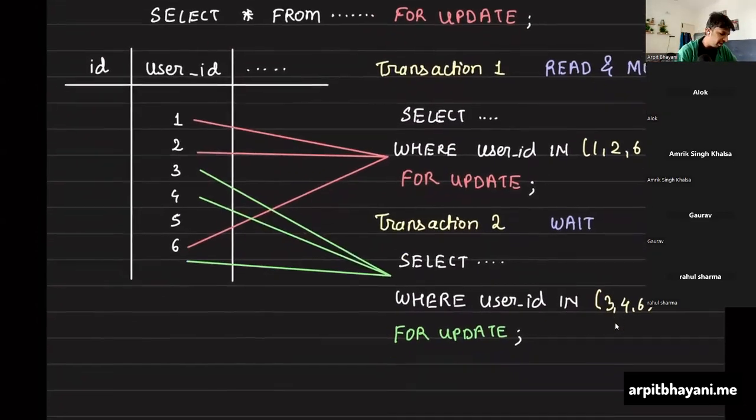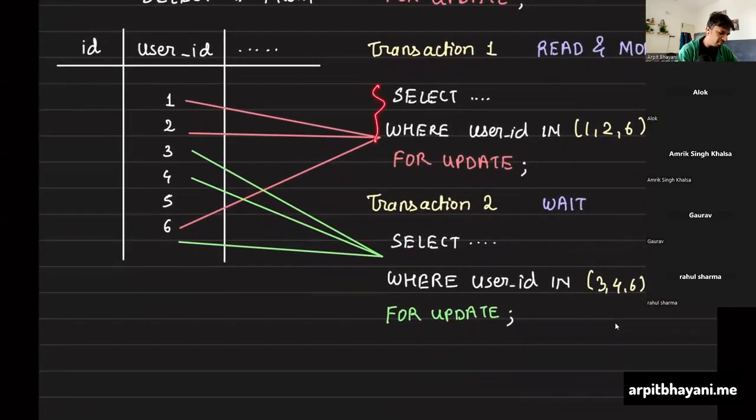Now this means that if I have the same query with for update on rows 1, 2, 6, and it completes successfully, I'll get the exclusive lock on rows 1, 2, and 6. This way, any other transaction is not even allowed to read rows 1, 2, and 6, let alone do anything else with them.